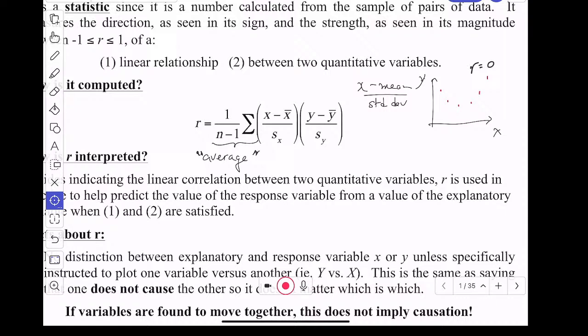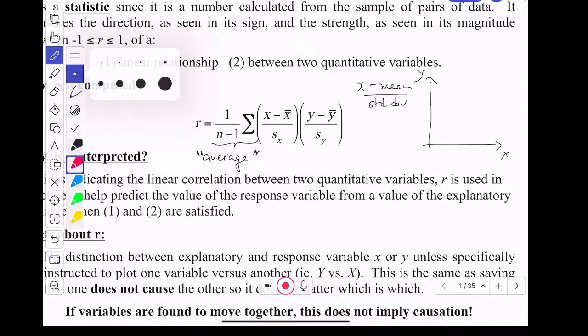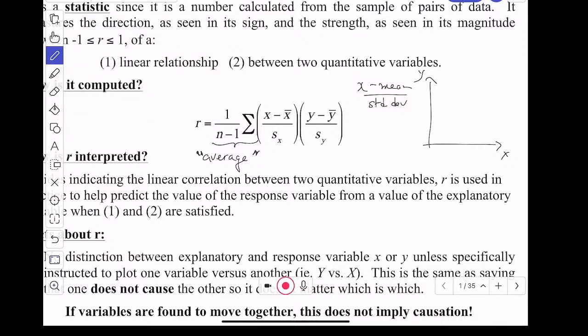So what happens is, if you have a relationship that is positive, when x is above its mean, what will this be on top?